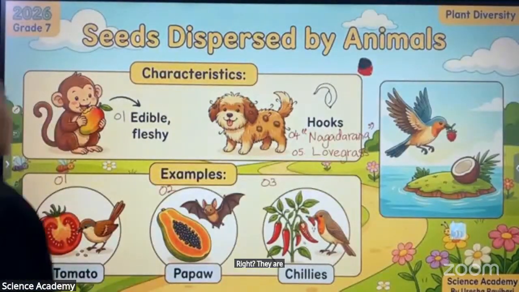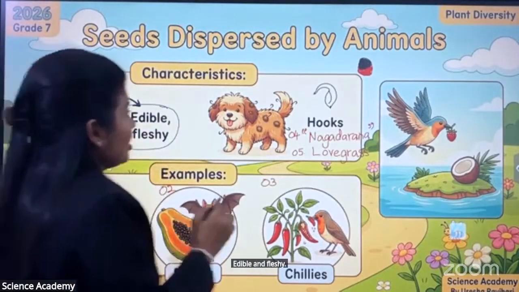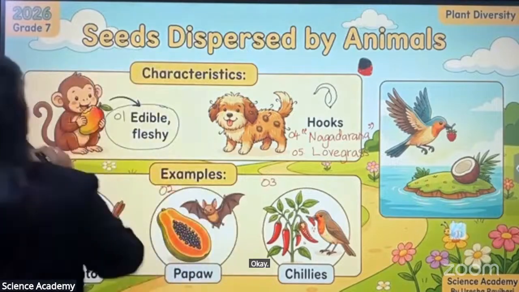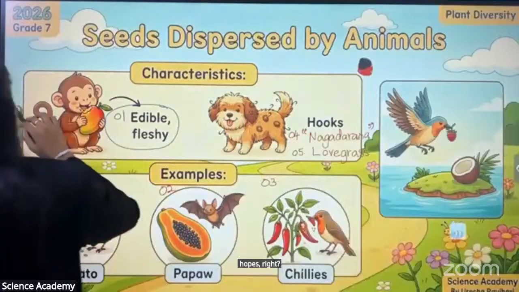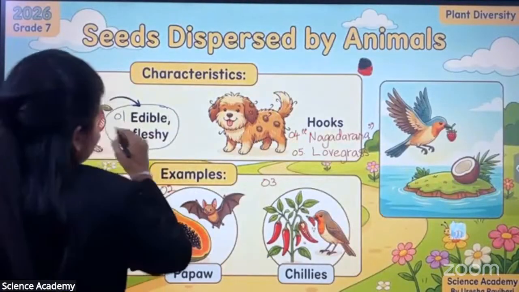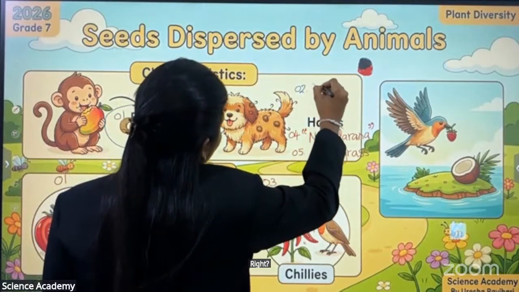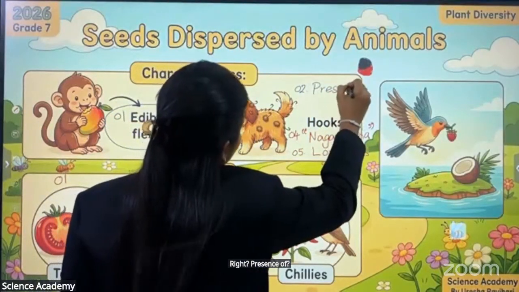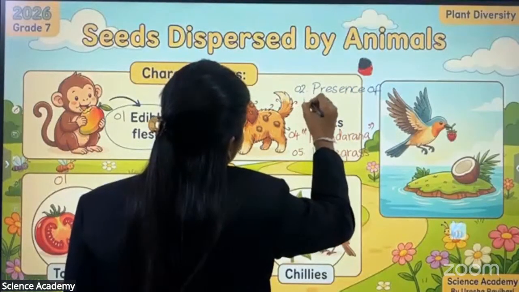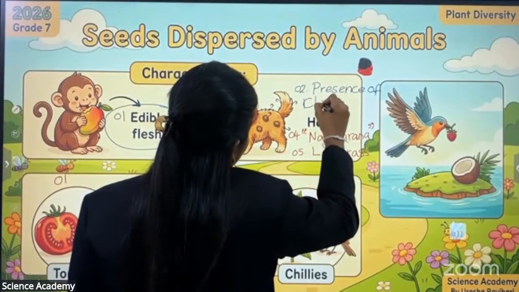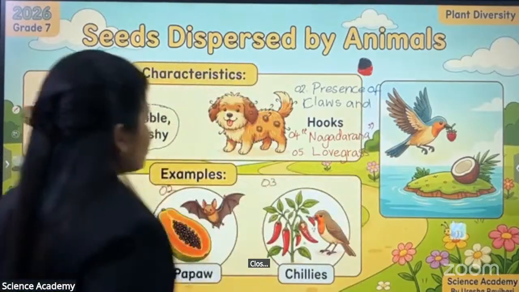Thereafter, these are the adaptations. Edible and fleshy, right? The other one is presence of claws and hooks.